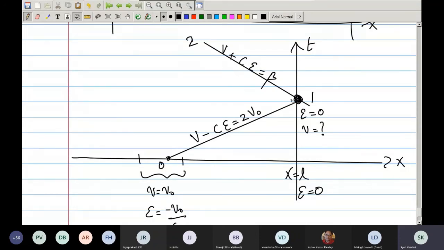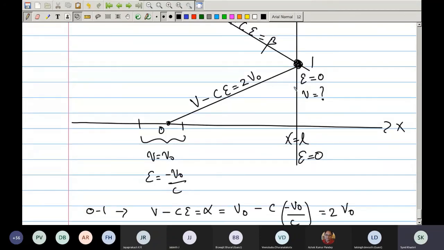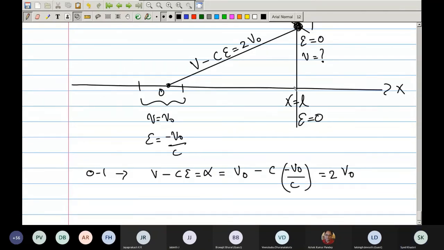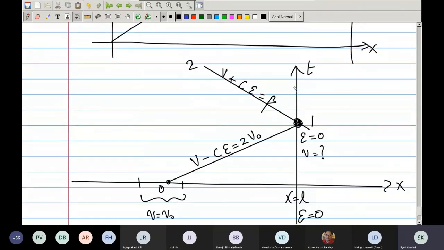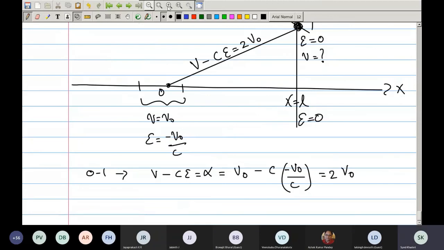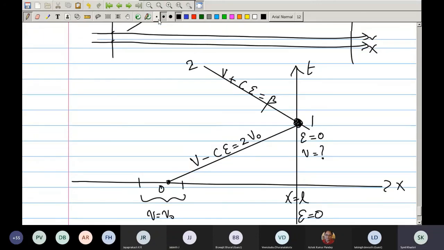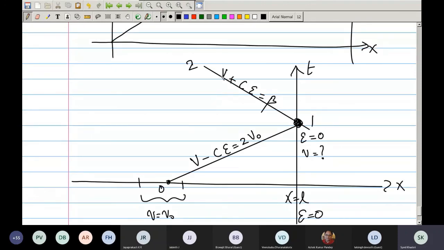Okay. So on this point 1, I have two conditions. Can I have more space here? Let me check. So on this point 1, I have a condition that V plus C epsilon is beta, and I have this V minus C epsilon is 2V0.